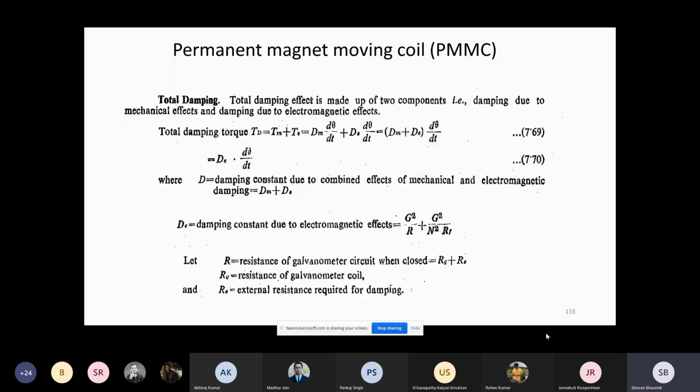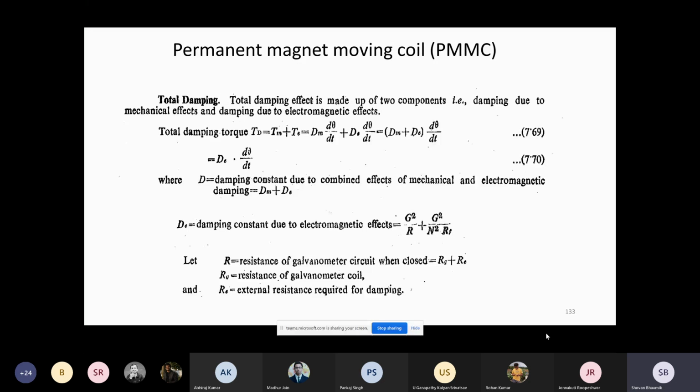What is that? G²/R, G is the galvanometer constant. We know that it is proportional to the number of turns, the area of the former, the magnetic strength, and so on. That is the G, and R, capital R, is the resistance of the galvanometer circuit when it is closed.